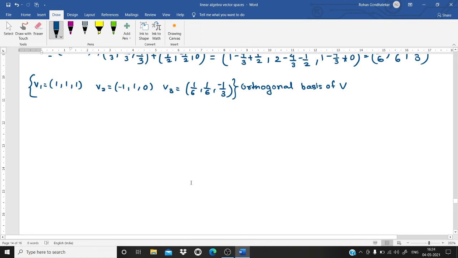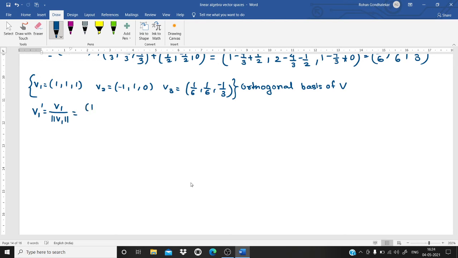Is it? So taking this into consideration, if I want the orthonormal vectors from the orthogonal vectors, it's very easy. Divide each vector by its norm. So I say v1 dash is equal to v1 upon norm of v1.